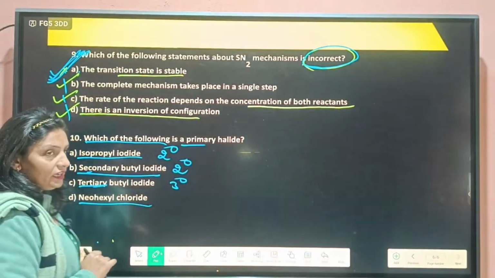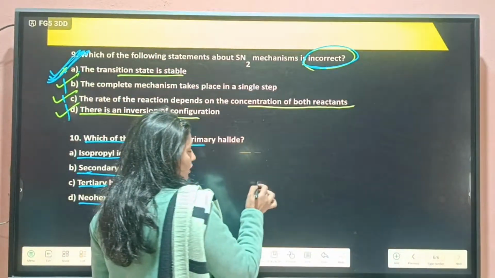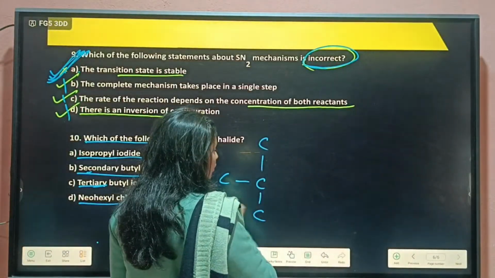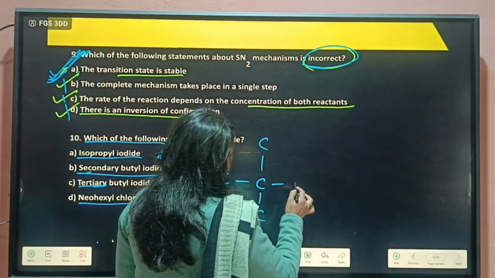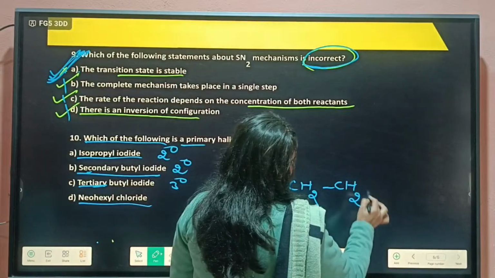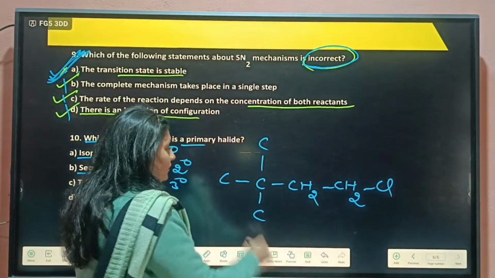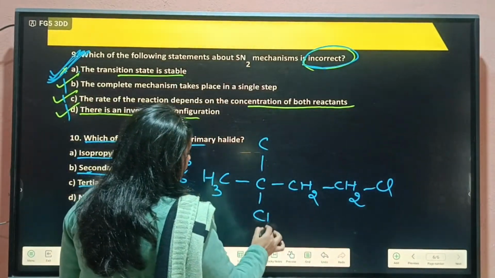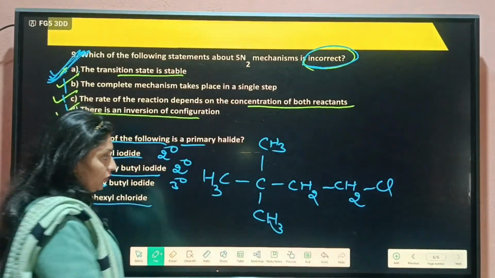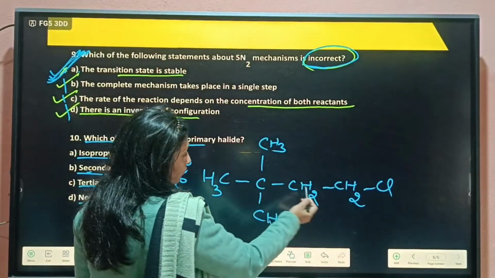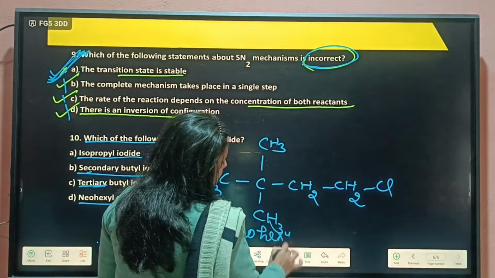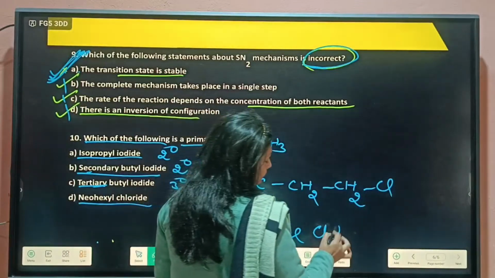So what is neohexyl chloride? Carbons 1, 2, 3, 4, 5, 6. This is the neohexyl chloride.